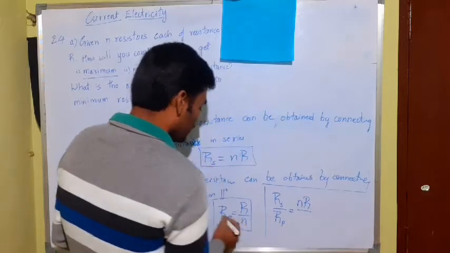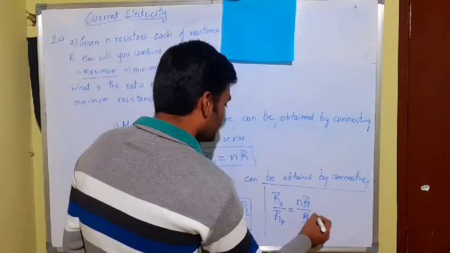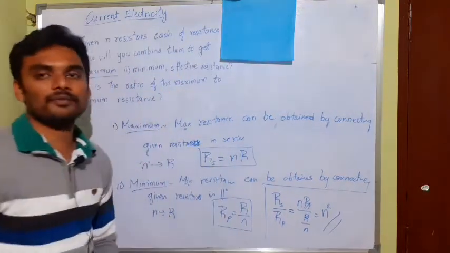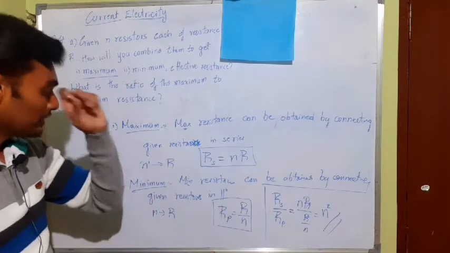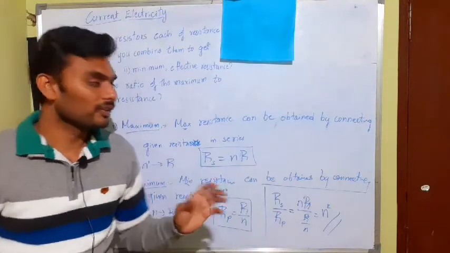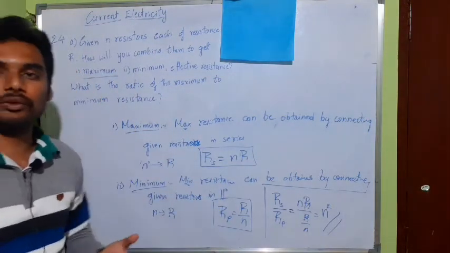Rs is NR. What is Rp? Rp is R by N. R and R cancel, which is equal to N squared. That's it. So the ratio of maximum to minimum resistance of the combination is N squared. So this is about sub question A of the 24th question. Clear?